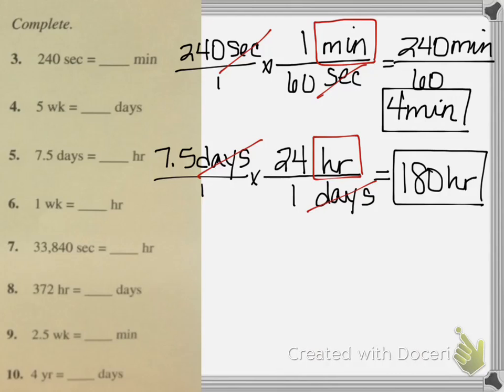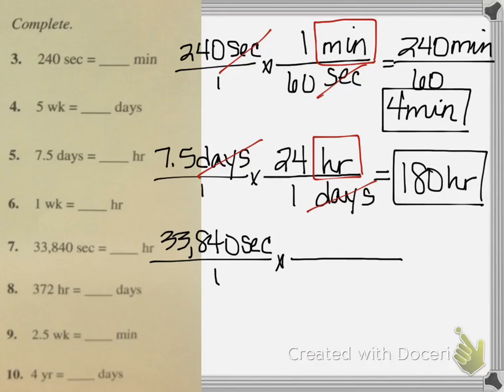Number 7 looks like an interesting one, taking seconds to hours. It's a big number. So we have 33,840 seconds. Now we don't really have a direct correlation from seconds to hours, so we're going to go to the minutes in between, because we do have a correlation between seconds and minutes.